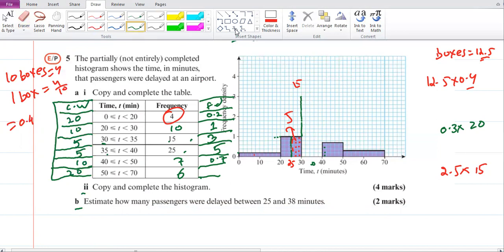So this is the line for 35. Yes, this is the line for 35. So the number of people that I already calculated are 15, and this one.